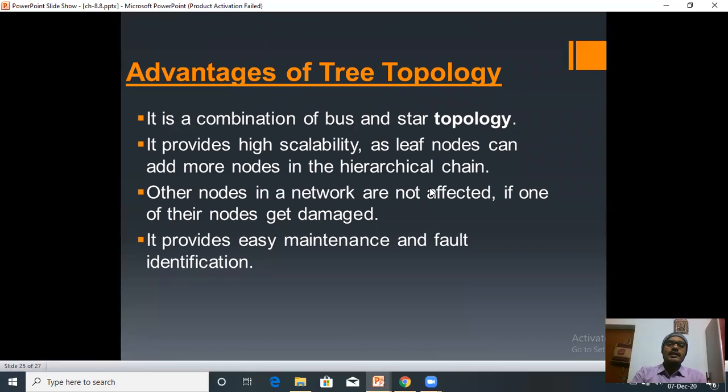Now what are the advantages of a tree topology? It is a combination of bus and star topology. It provides high scalability as leaf nodes can add more nodes in the hierarchical chain. Other nodes in a network are not affected if one of the nodes gets damaged.